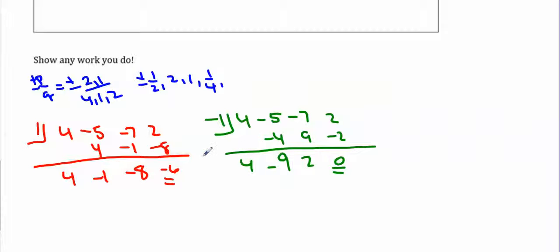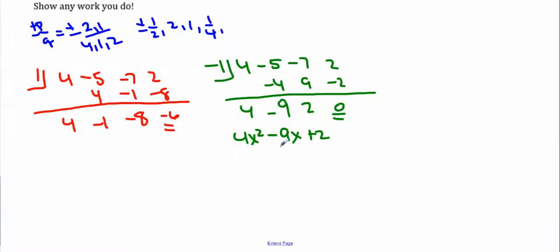That is a zero to our problem. So now, standard form, I have 4x squared minus 9x plus 2 left over. So now let's see, can we factor this? I'm going to use factor by grouping. I'm just going to multiply the first times the last, so I have 8x squared.